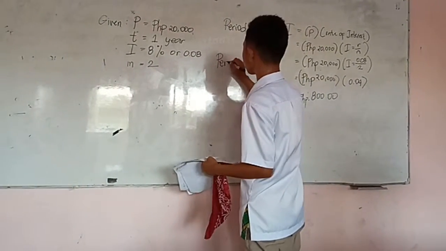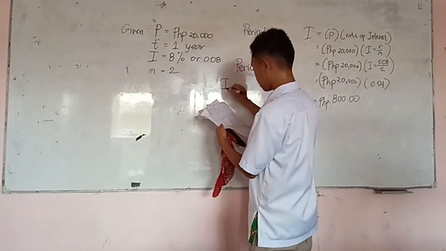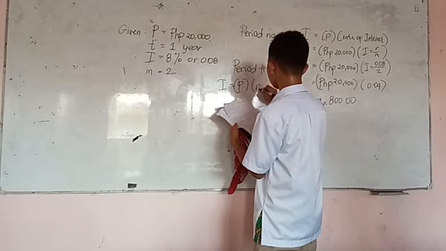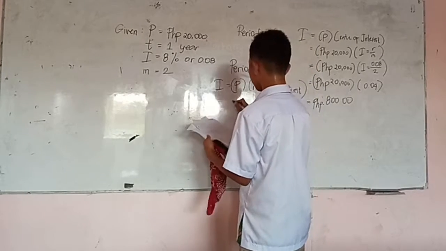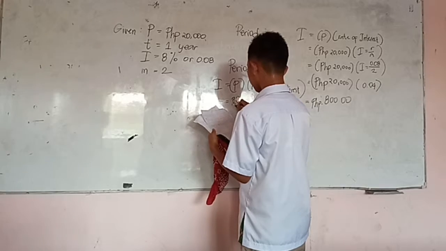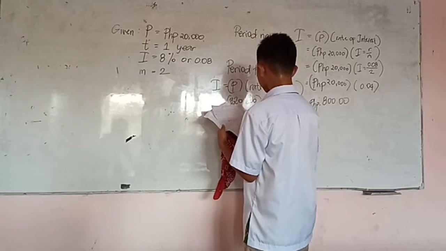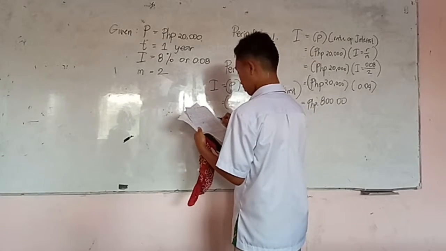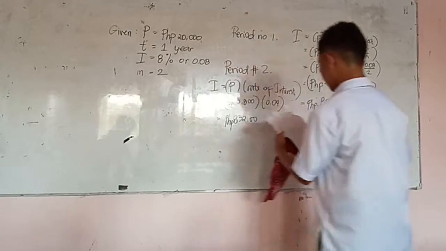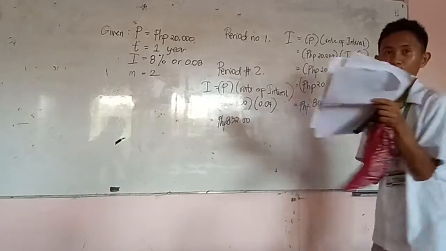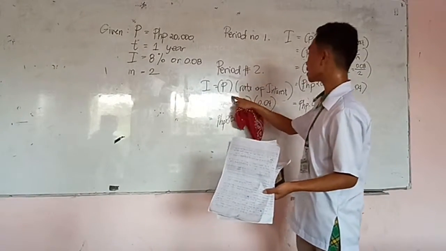Period number 2. Here is the solution. I is equal to principal times rate of interest.